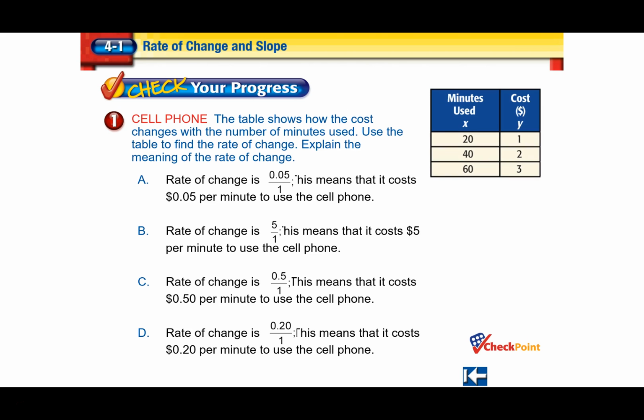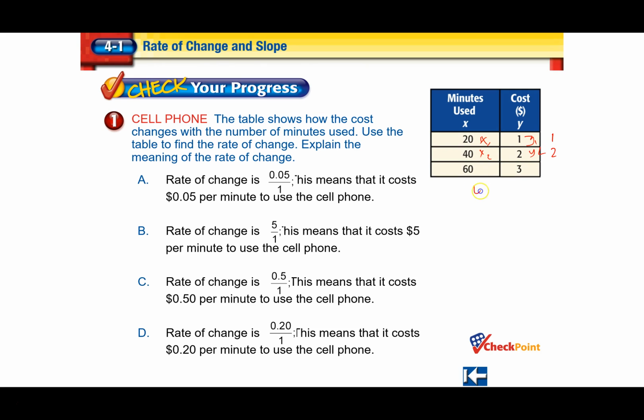All right, use this table to figure it out. Go. All right, so we're going to have to find the rate of change. Minutes and cost of a cell phone. If we call this one 1 and this one 2, this is going to be my x1, sorry, terrible, and this will be my y1, x2, y2.